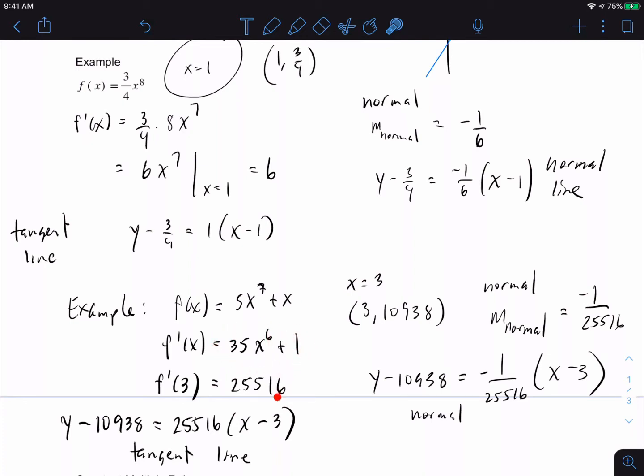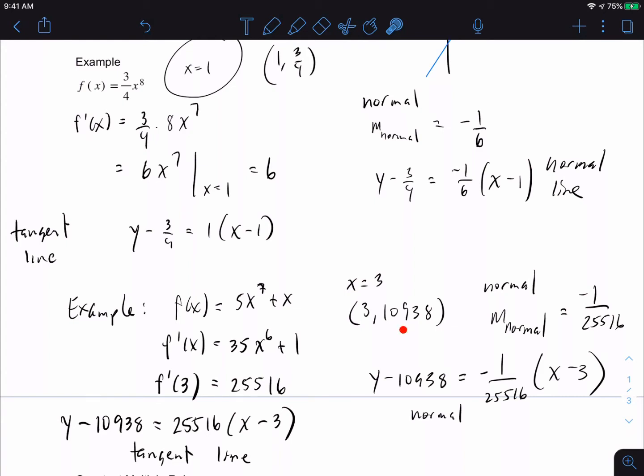Now when I plug in 3, I get this as the slope of this curve at 3. Does that make sense? Yeah, complete. Okay. Thank you. And then over here, I plug in 3 into this to get the actual point where the curve is. So the actual point where we're finding the tangent is at x equals 3, y equals 10,938.